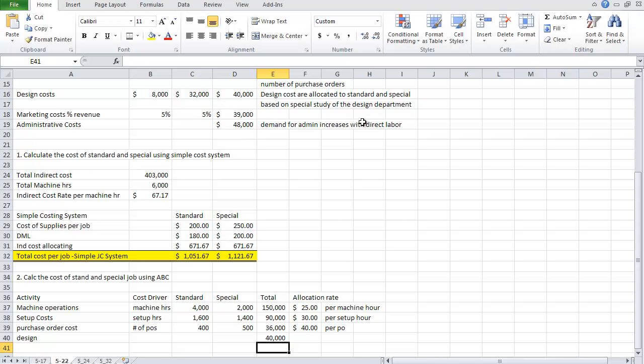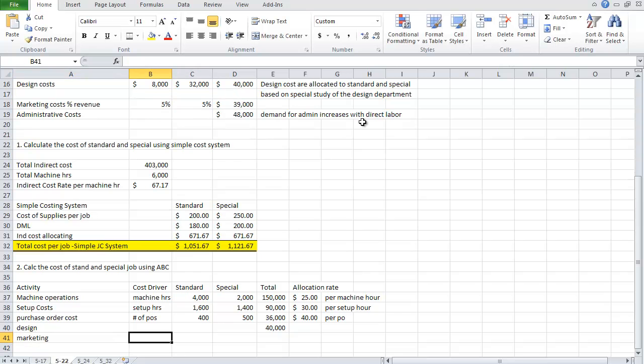So we're going to just leave that in there. And then we'll go down to marketing. Our marketing is $39,000. This is going to be based on sell price. This is special study.